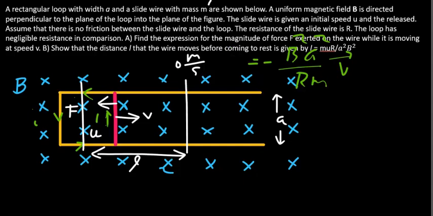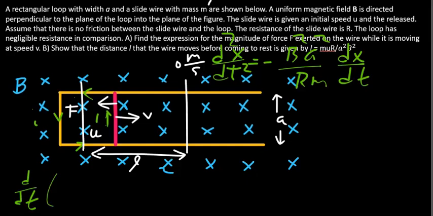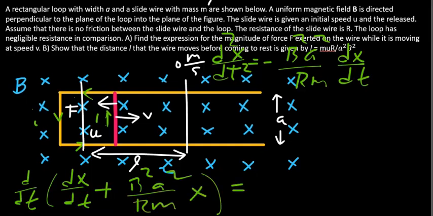We can write a as d2x dt squared and the velocity as dx dt. Let's rewrite that equation: d/dt of dx/dt plus B squared A squared over Rm x equals 0.